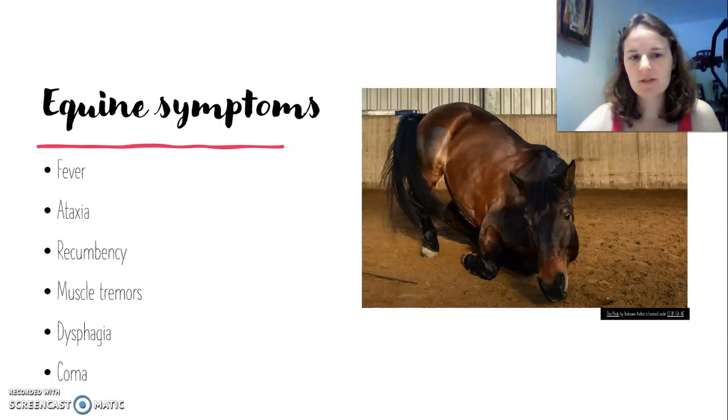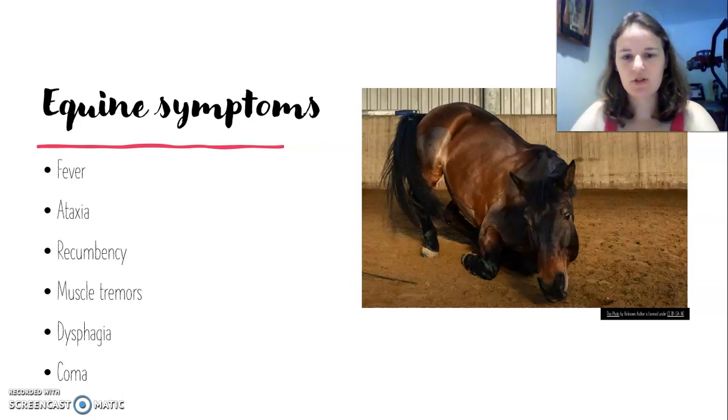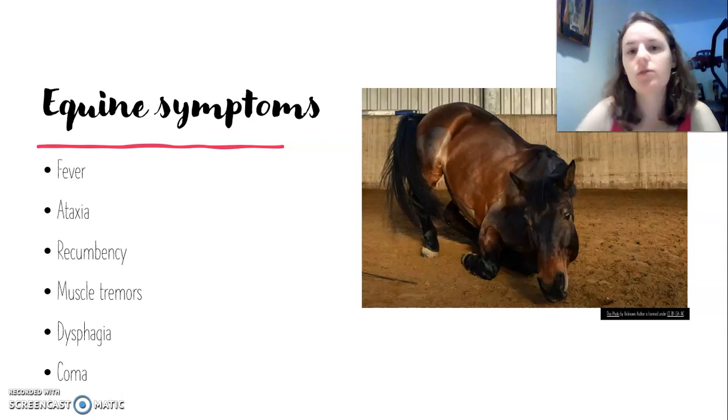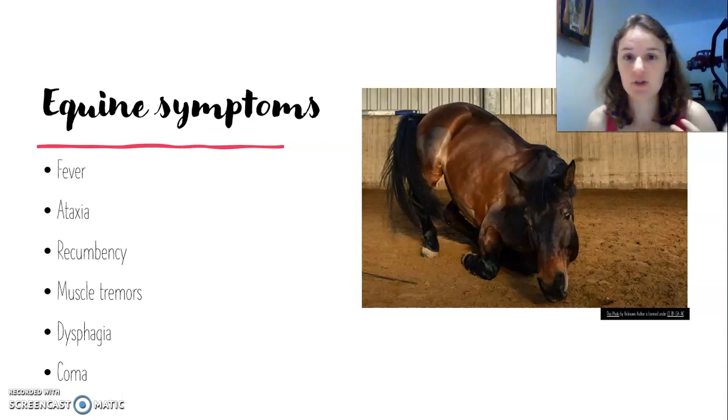So here are some of the symptoms that horses have. I just wanted to go through this to show you the similarities and the differences. With humans, when we get the virus, and it's not the severe illness, we just have fever, muscle aches. But with horses, it's kind of interesting. They have a fever, but they also get ataxia, so they're unsteady on their feet. Recumbency, which is when they just won't get up. They'll lie down and they just won't get up.